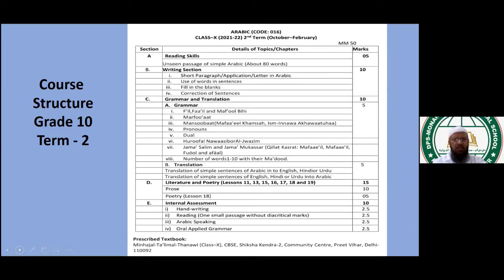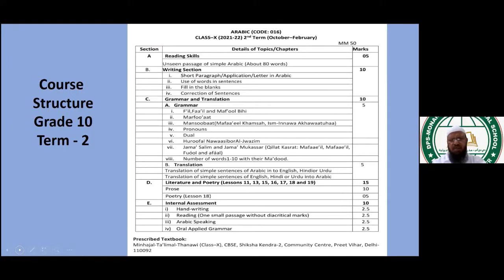Next slide, course structure grade 10, term 2. It will be divided into 5 sections. Section A, reading skill, 5 marks, unseen passage. Section B, writing section, 10 marks.